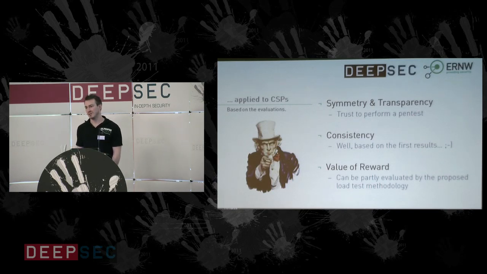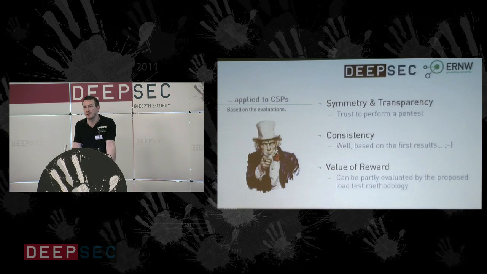Symmetry basically means, does the cloud service provider trust us? And transparency, are his processes transparent? Does he provide any documentation about his security operations and stuff like that? So basically, transparency and symmetry would be the trust to perform a pen test. If they do not trust us enough to allow us to perform a pen test, this directly affects our trust that we are putting into the cloud service provider.